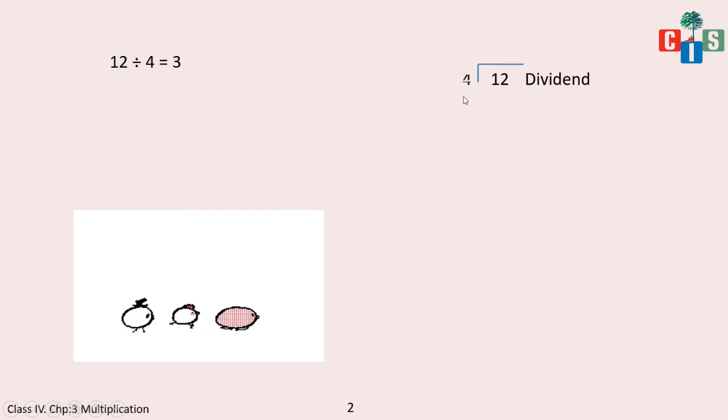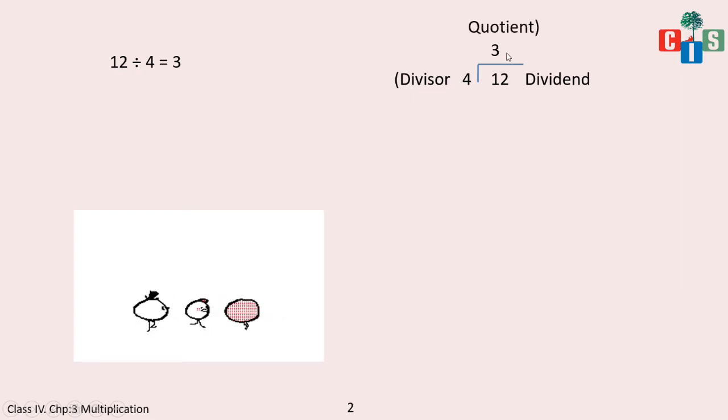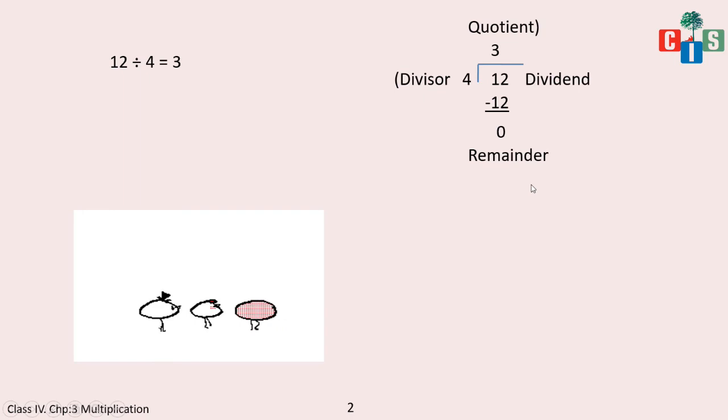So 4 is written outside and it is known as the divisor. Now 4 3s are 12. So we will take 3 as the quotient, and 12 minus 12 will give me 0. So 0 is my remainder.